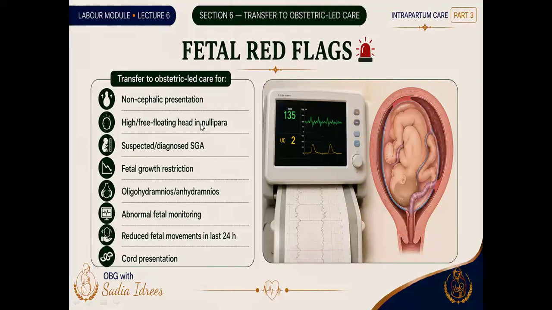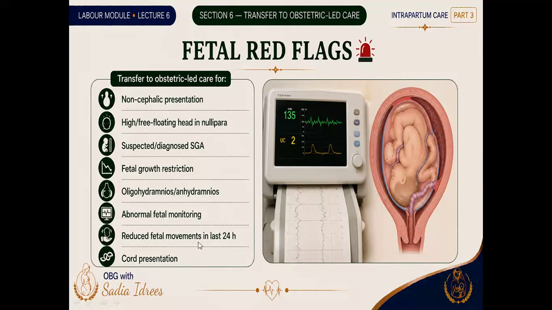Other important fetal factors include suspected or diagnosed macrosomic baby and particularly fetal growth restriction. Also consider oligohydramnios, anhydramnios, and then, very importantly, abnormal fetal heart rate monitoring. Concern regarding the fetal heart rate needs appropriate reassessment and may require escalation of monitoring and obstetric care. Ask about the fetal movements as well.